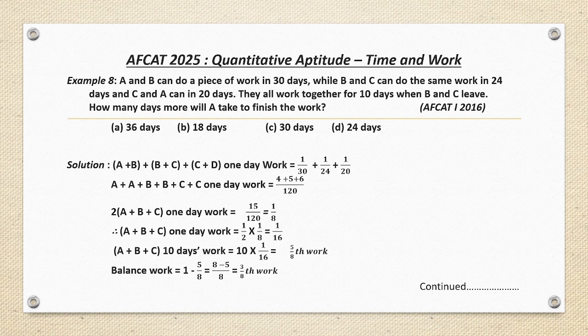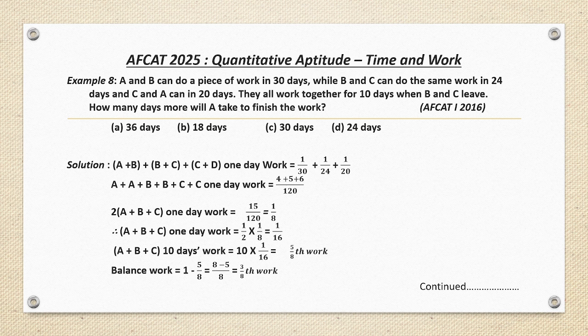Okay. Let us look at the solution. A plus B 30 days, B plus C 24 days, C plus A 20 days. Okay. So A plus B, B plus C, C plus A, 1 day of work will be 1 by 30 plus 1 by 24 plus 1 by 20.